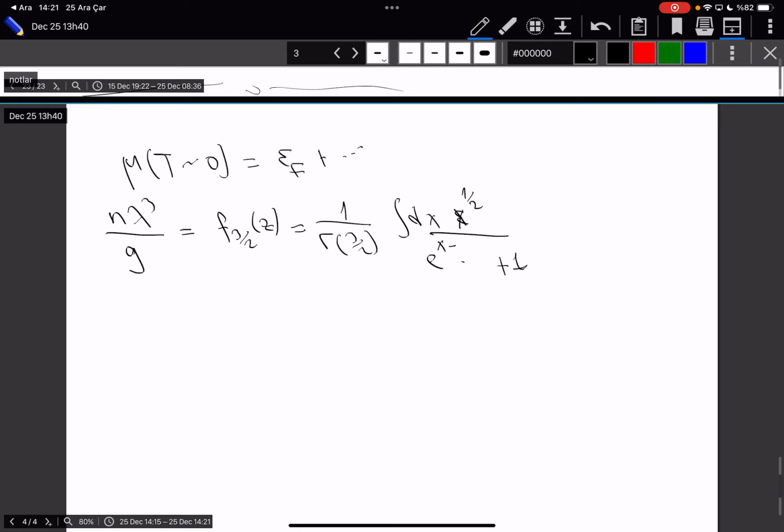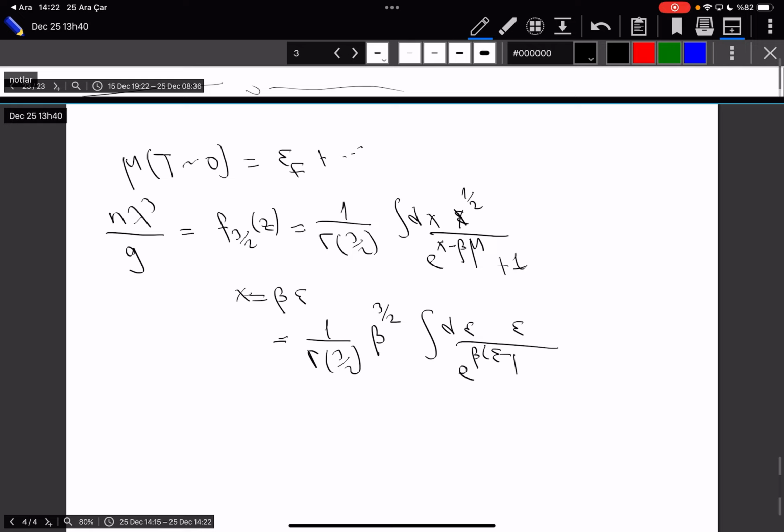We make the change of variable x equals beta epsilon. So this gives me 1 over gamma 3 over 2 beta to the power 3 over 2, the integral d epsilon of square root of epsilon over e to the power beta times epsilon minus mu, plus 1.